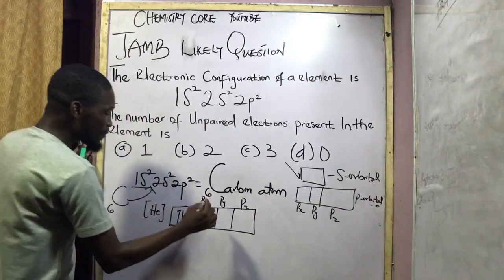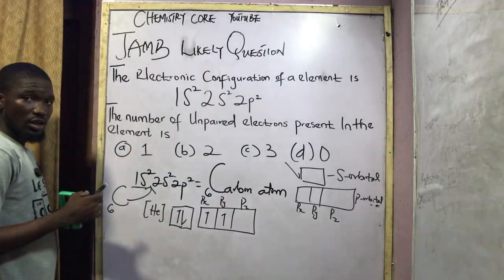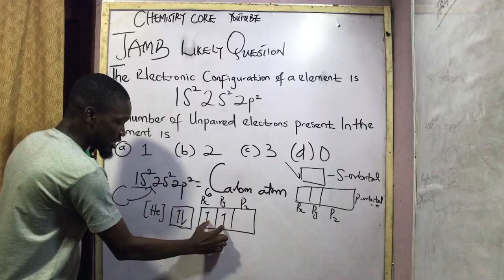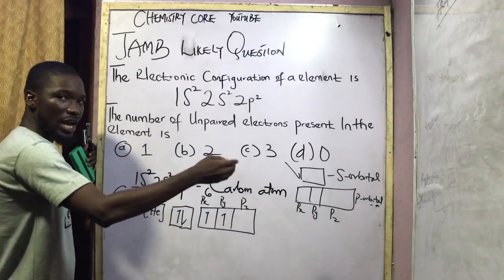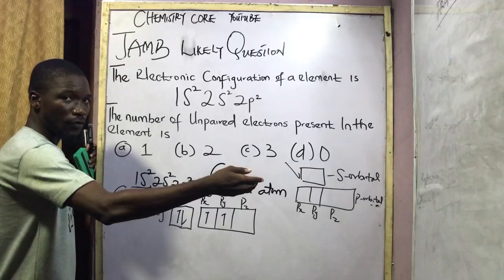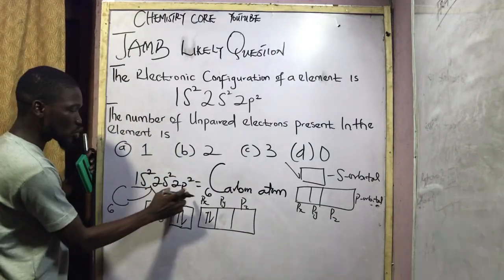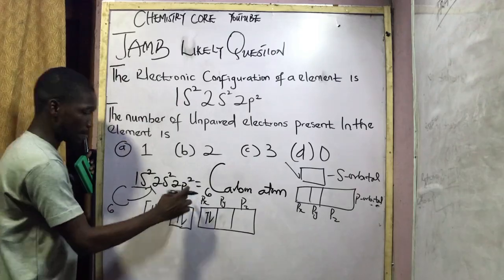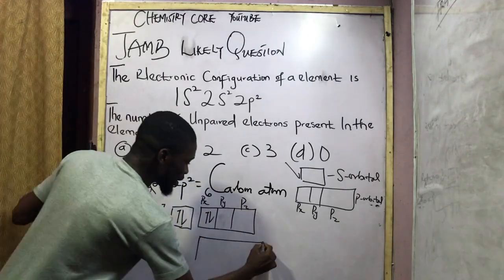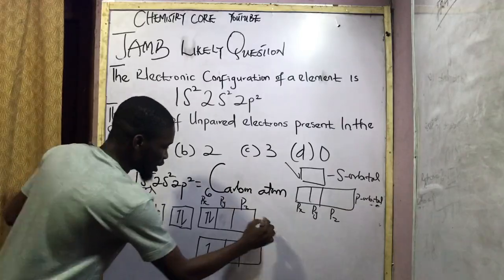So guys, if I have this, what I just did here is I obeyed Hund's rule that electrons must be singly filled before pairing occurs. That is, if I have this now, for the 2p we have here, I can have this as well. So let's singly fill like this now.